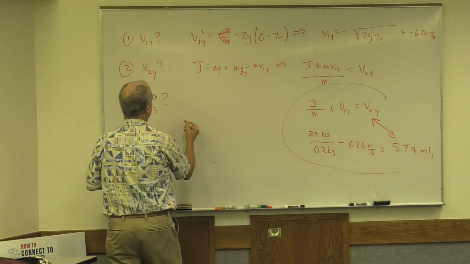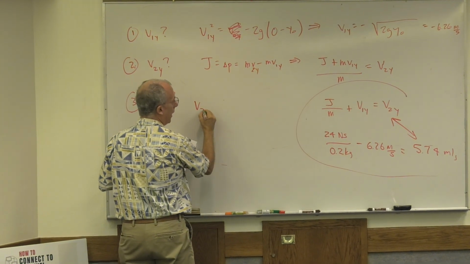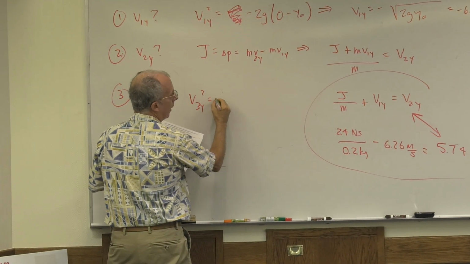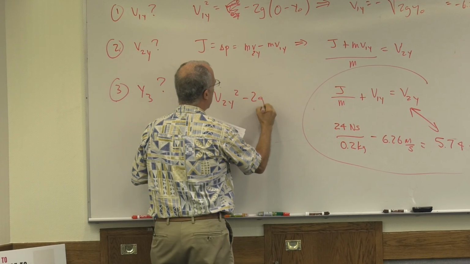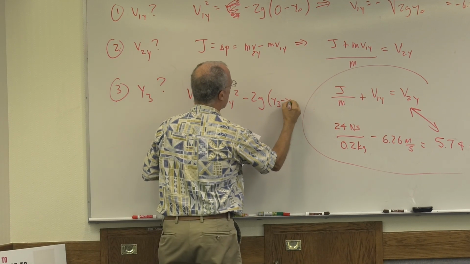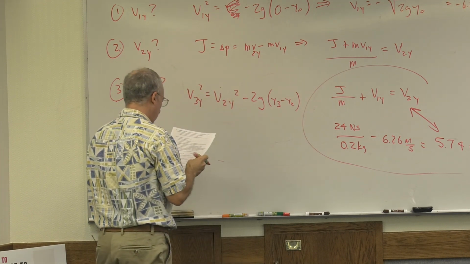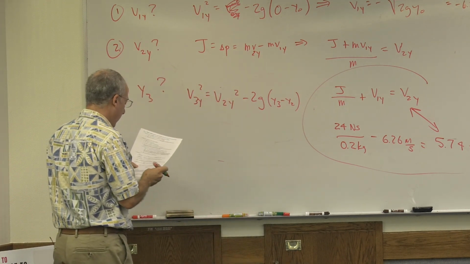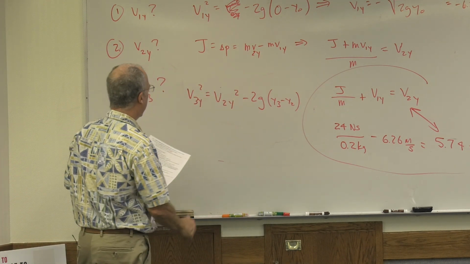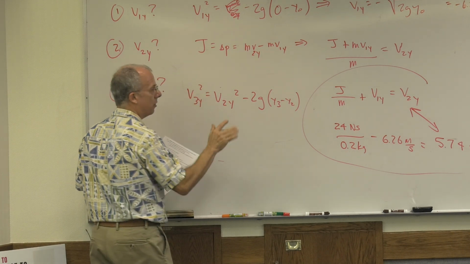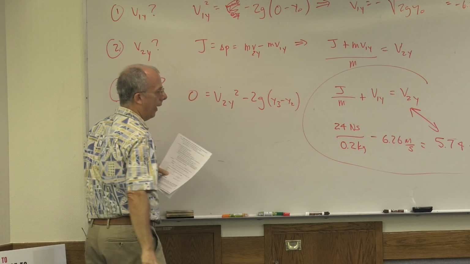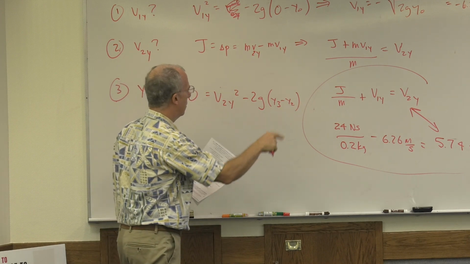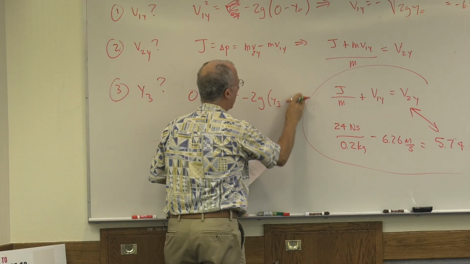So it's v3y squared equals v2y squared minus 2g times (y3 minus y2). And v3y is 0, right? It stops. So that's a 0. And y2 is 0. So it's getting better all the time.